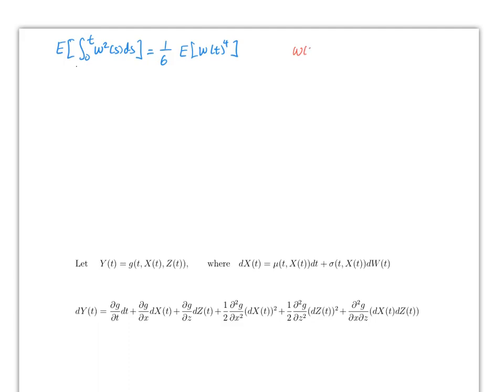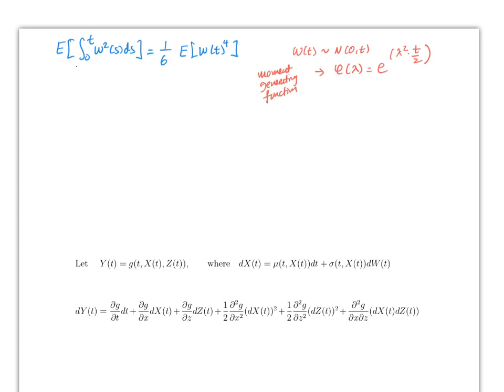Since wt is normal 0, t, the moment generating function phi of lambda is given by e to the lambda squared t over 2. You even had this on the test to show that this was the case.